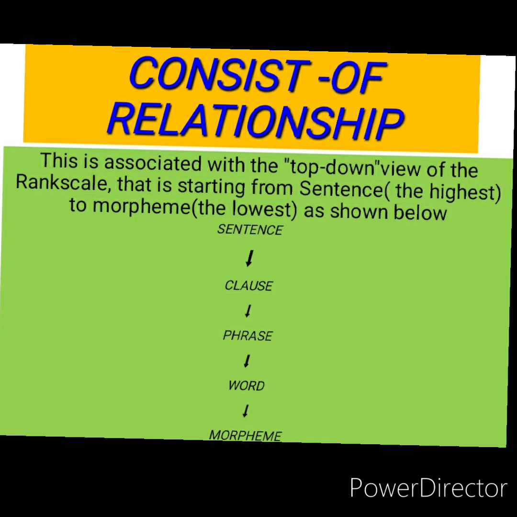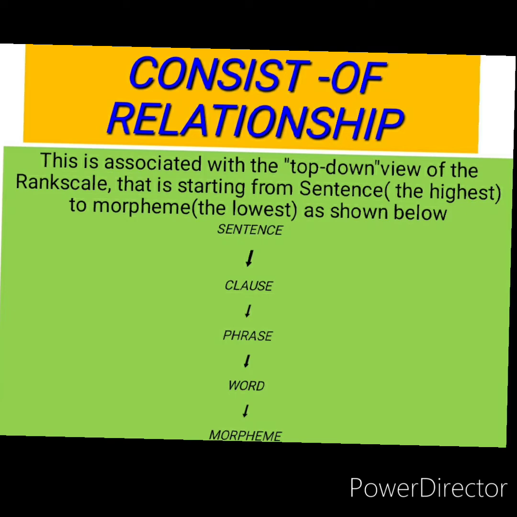Now let's begin to look at the structure here. We could see that the arrow is pointing down from the top to the bottom of the structure. So you have sentence on top, pointing down to clause, pointing down to phrase, then also pointing down to word, and then we move on to the last one, which is a morpheme.